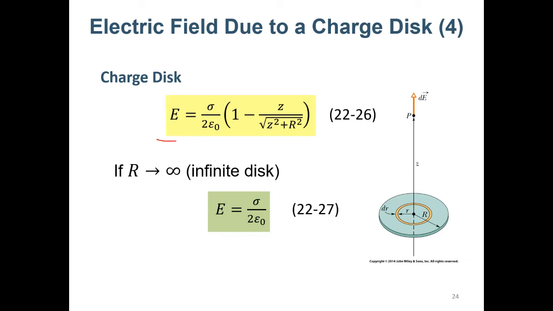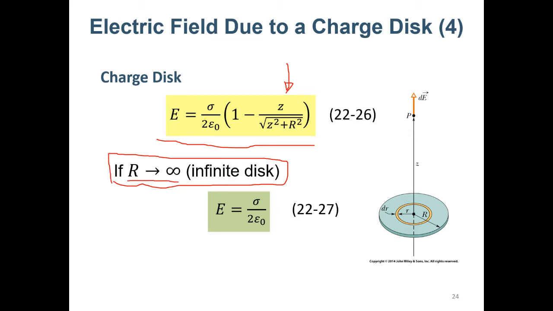So we derive the E field generated by a charged disk. It looks a bit complicated because the term here is a large term, but we can derive it with this assumption, which means that when R, capital R, tends to infinity, it will lead to a very beautiful expression.